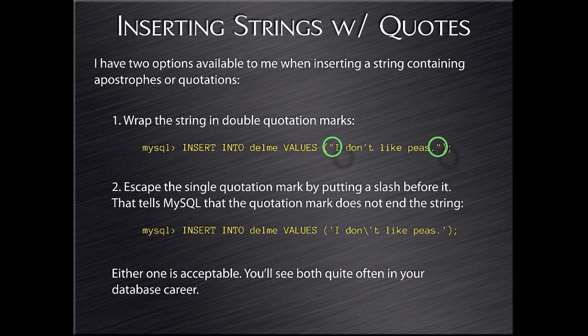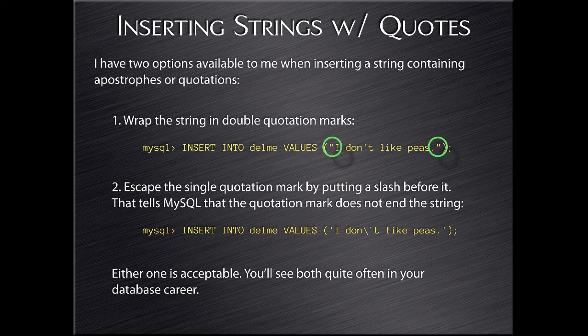This is called escaping that single quote. So what I'm going to do is I'm going to put quotation mark IDON, and then I'm going to put a \ in front of the apostrophe. Now, normally that single quotation mark is kind of like a meta character. It's a special character. It's not part of the string, but it tells MySQL where the string begins and ends.